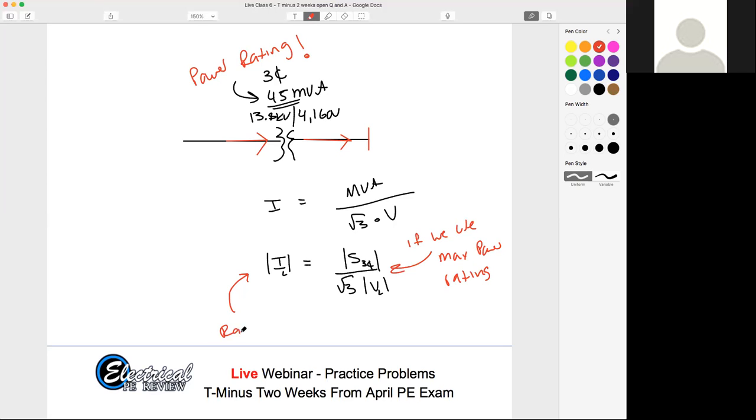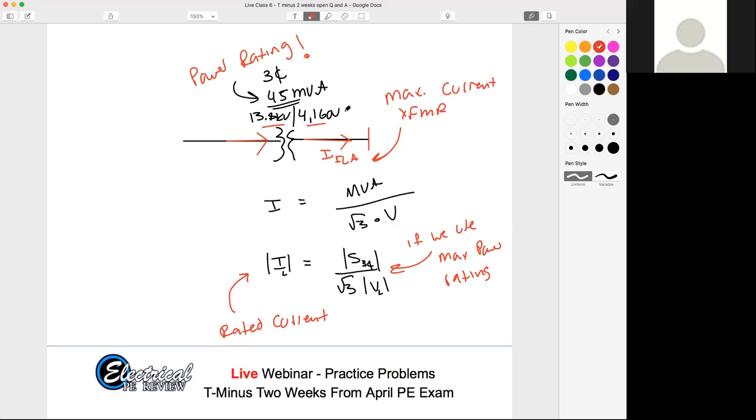That makes I our rated current. In other words, that's going to be your full load amps or your maximum current that your transformer is going to either deliver to your load on the secondary side or step down from your primary side, only because this is a step down transformer.